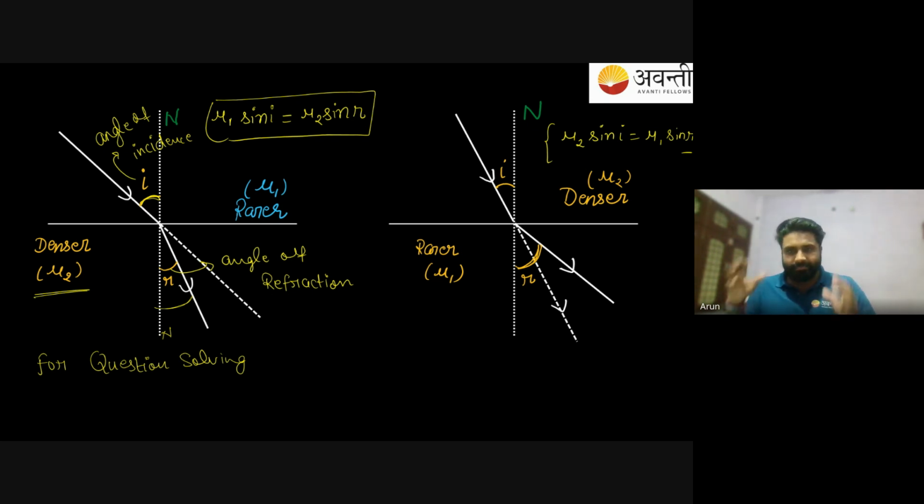You have to take the refractive index of that particular medium and multiply it with the angle of incidence first, and for the below side, for the other medium, you have to take the refractive index of that medium and multiply it with the sine of the angle of refraction. Got it?